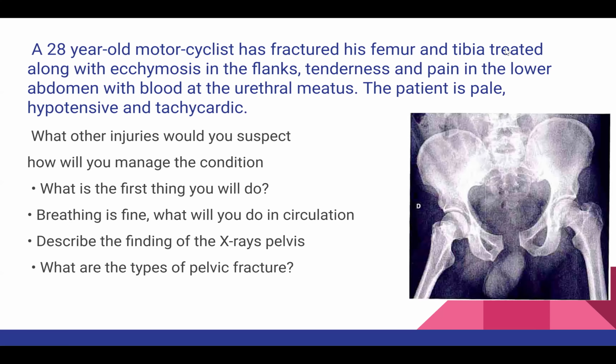Okay, so assuming that the breathing is fine, what will you do to manage the circulation of this patient? Regarding the circulation, first I will put two large bore IV cannulas, and I will start IV fluid. For that, I will draw blood for cross matching, blood grouping and Rh typing.